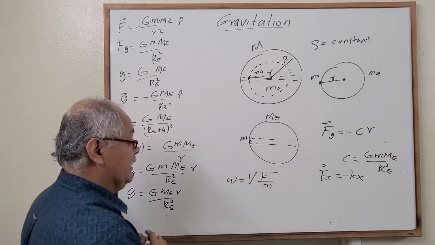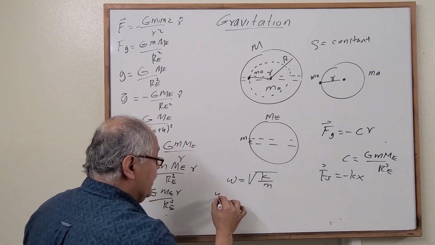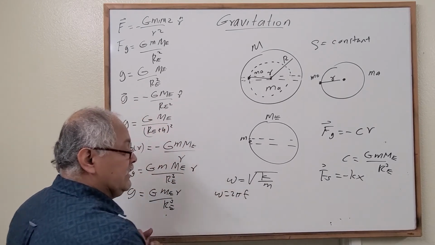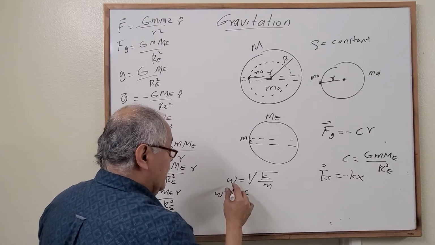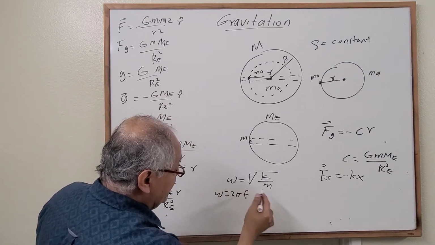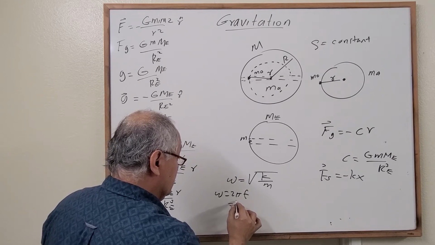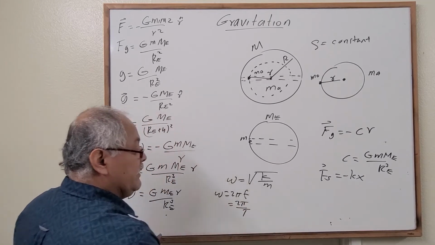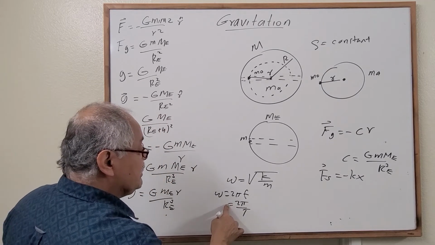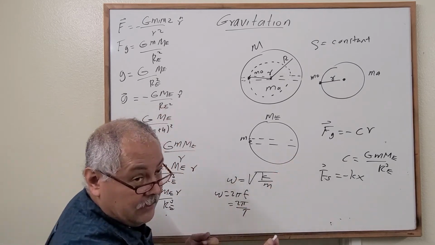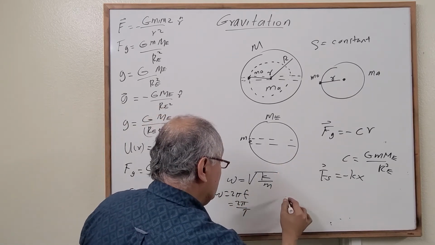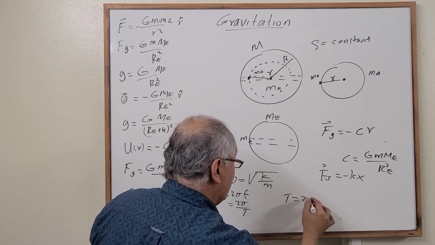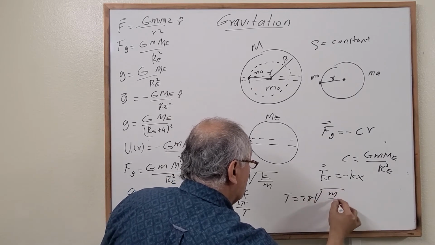But omega is also equal to 2 pi times the frequency, right? And the frequency is equal to the inverse of the period. When we compare these, what do we have? This is for the spring. So for the spring, we have that the period is equal to 2 pi times the square root of m over k.